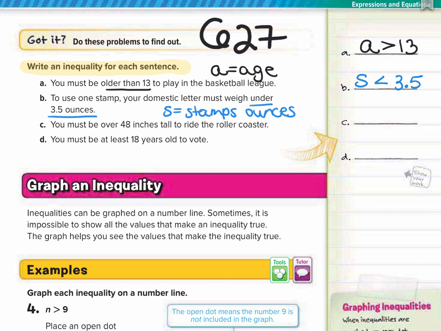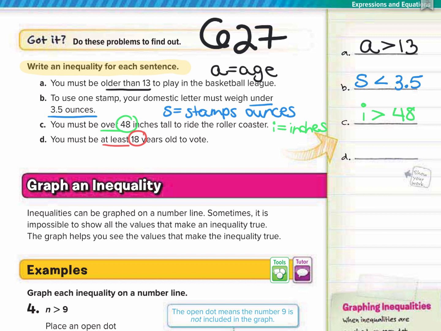Letter C, you must be over 48 inches tall to ride the roller coaster. So I'm going to say I equals inches, or you could say H equals height inches. Inches needs to be over, greater than, 48. Last one, D, you must be at least 18 years old to vote.